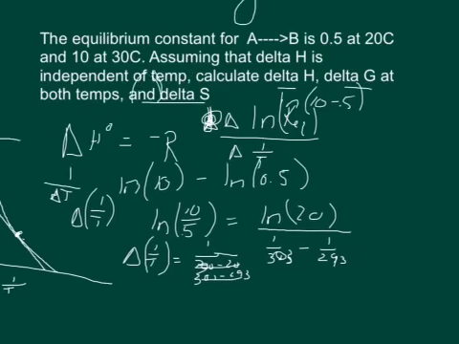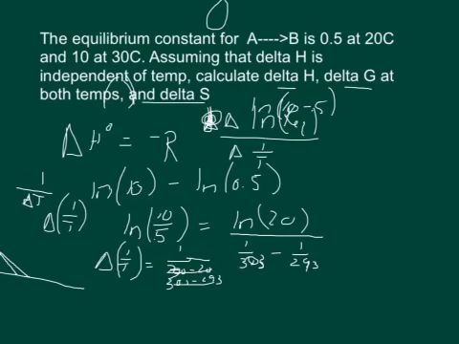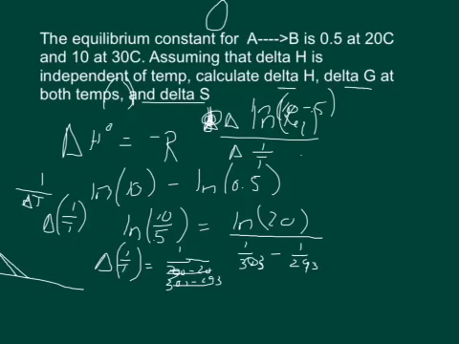So let me move some stuff out of the way so we can continue. What we have now is negative R, negative 0.008314, times the natural log of 20 over the change of 1 over T. Now this number is negative and it's fleetingly small: 1 over 303 minus 1 over 293 is negative 1.1263925 times 10 to the negative 4th.